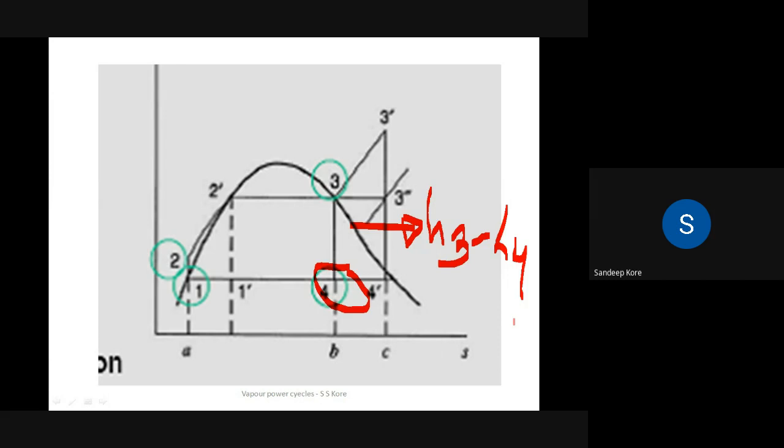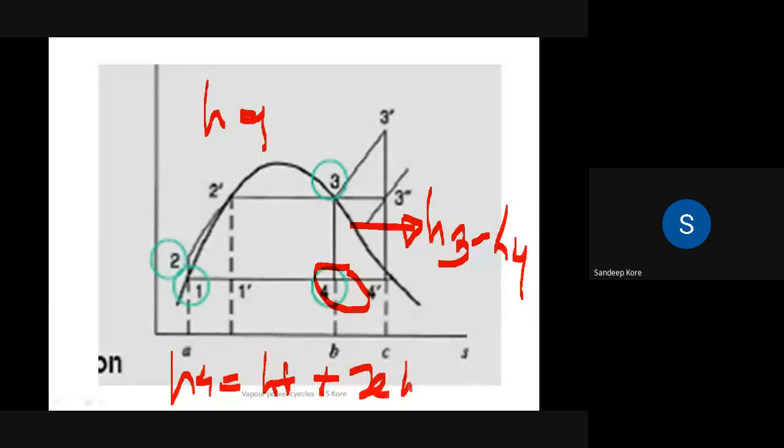Now H3 is the enthalpy of the dry steam. So it is directly obtained from the steam table. At the boiler pressure, we have to refer Hg, that is the enthalpy of the dry steam. Now to find out the enthalpy of wet steam, that is H4, the formula is Hf plus x into Hfg, where x is the dryness fraction.